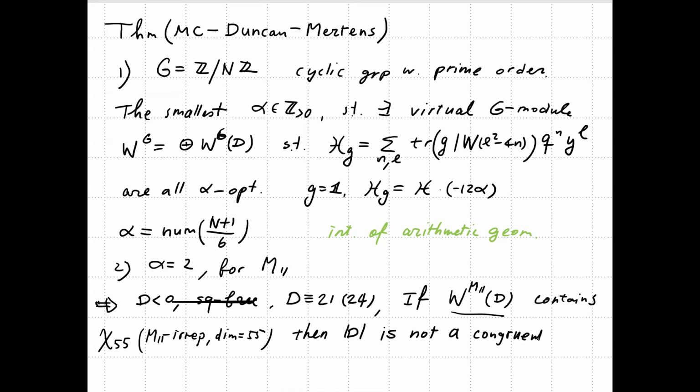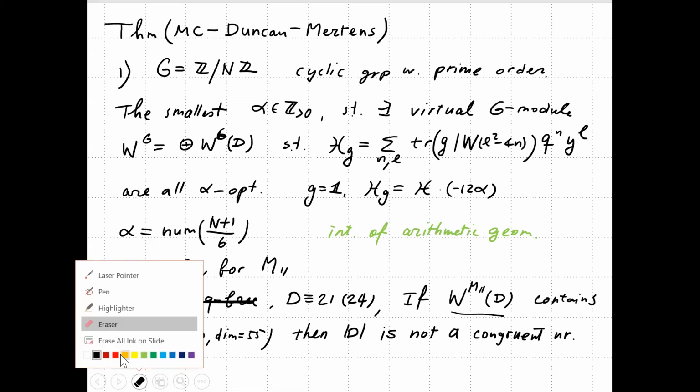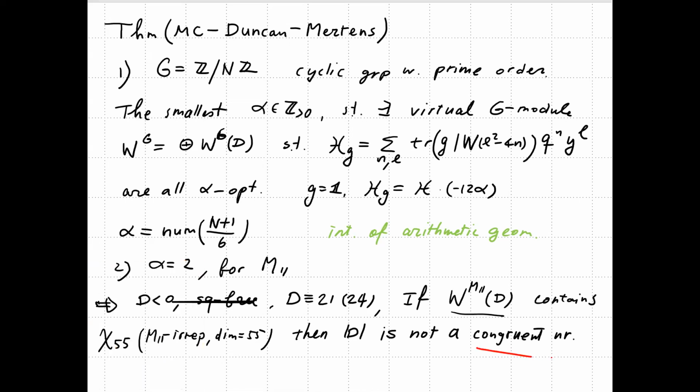So what is a congruent number? A congruent number is the area of a triangle, like this, with all the sides being rationals.